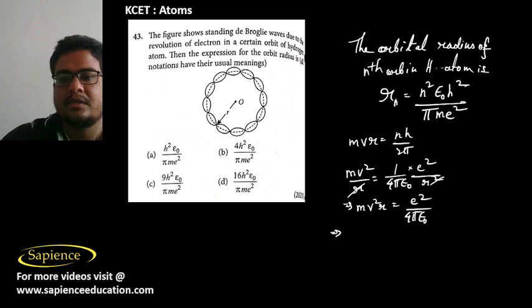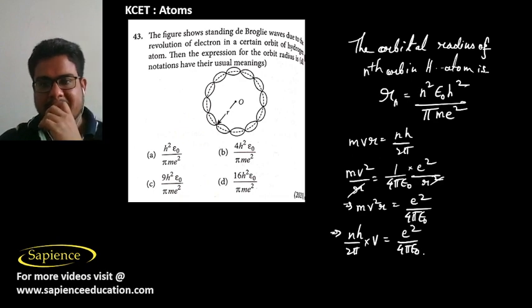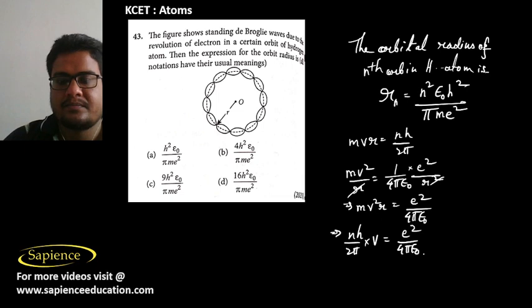So nh by 2 pi into v is equal to e square by 4 pi epsilon naught. So the v will be equal to e square by 2 epsilon naught nh.